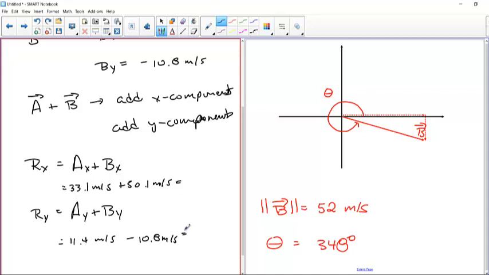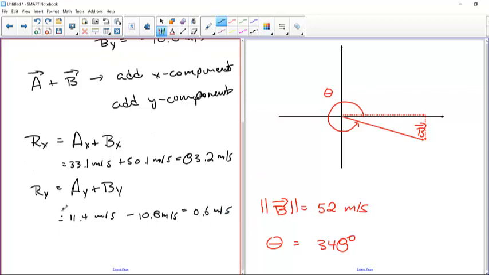So you just do the math. 33.1 plus 50.1 is 83.2 meters per second. And 11.4 minus 10.8 is 0.6 meters per second. So that gives me the components of the resultant vector.